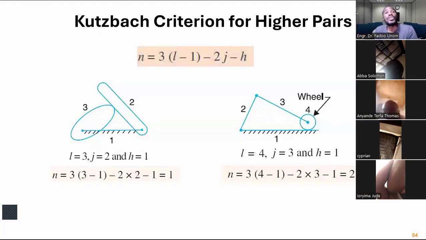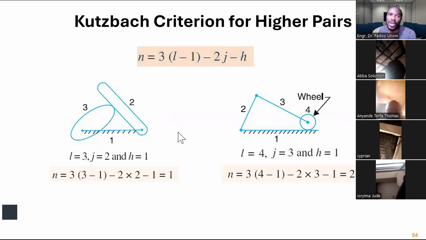Great. So you see an example of a higher pair. When you look at this arrangement here, your first link is the one that is fixed. Your second link is this follower. And then your third link is this cam. That dot there tells you that there is a revolute joint. This guy is allowed to rotate with respect to link 1.